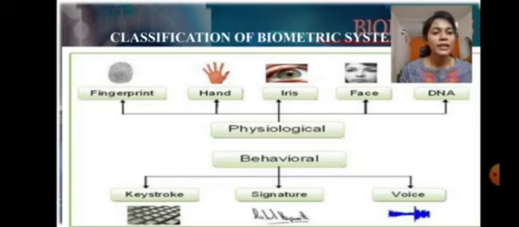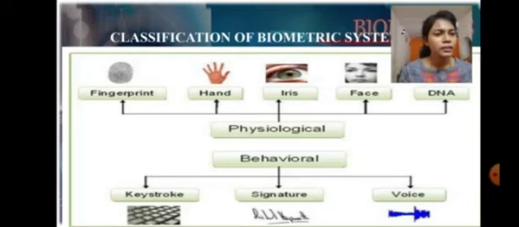The next one is the hand scan, which has been used in most of the airports and places to identify a person. And the next one is your iris scan. Then you have your facial recognition system, and you have your DNA systems in the form of biometric systems for identifying a person's identity.